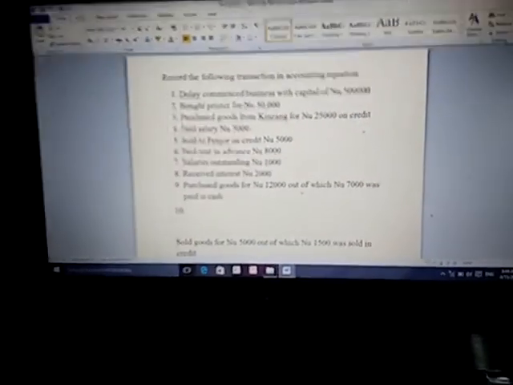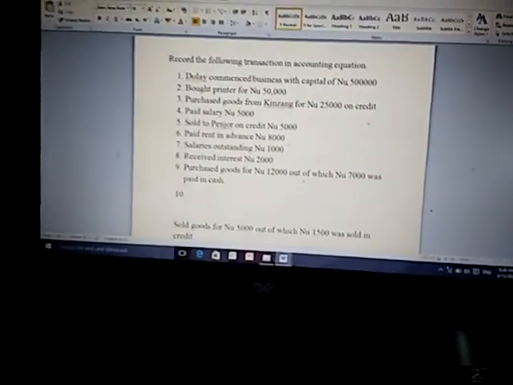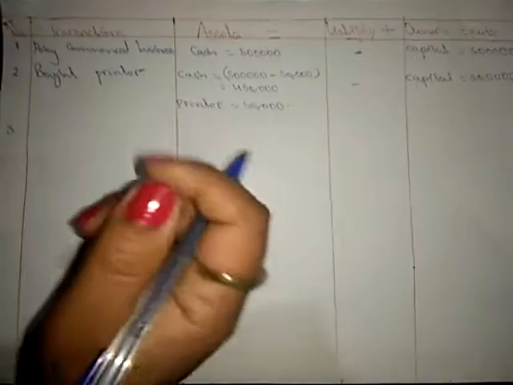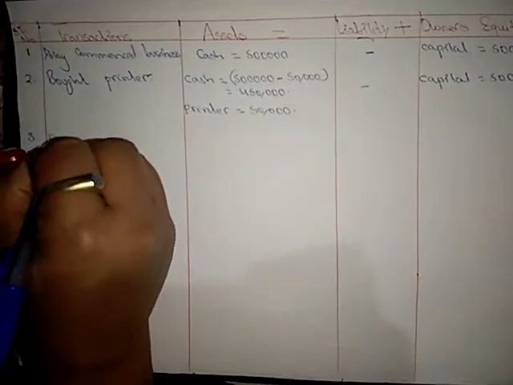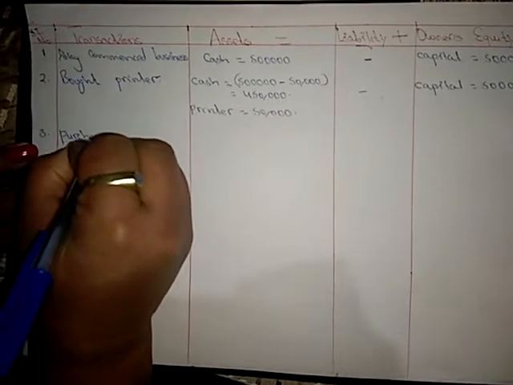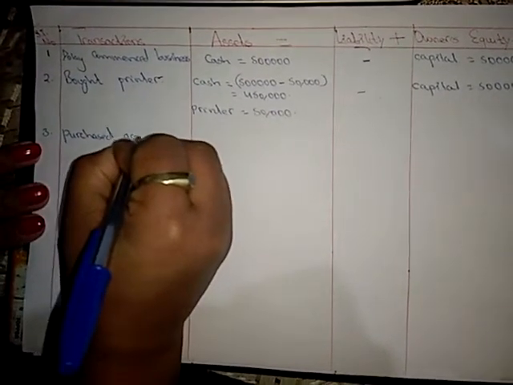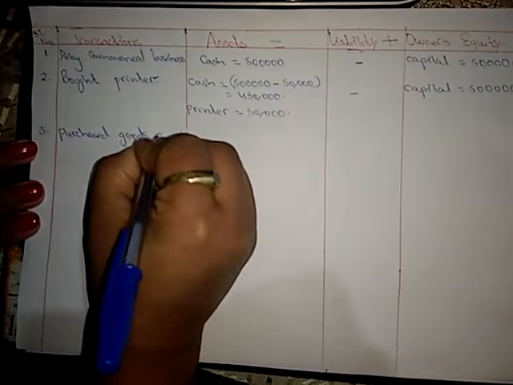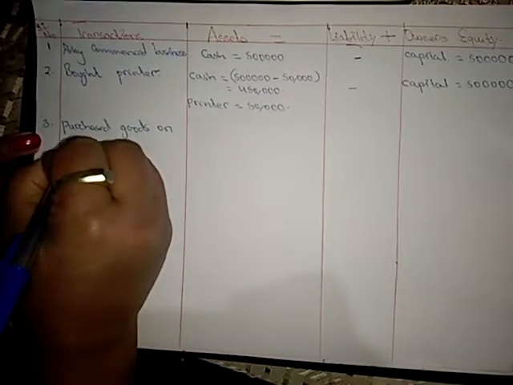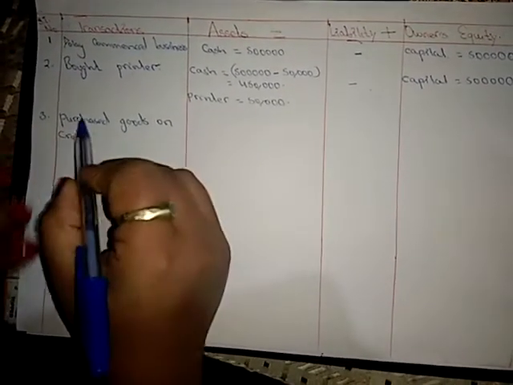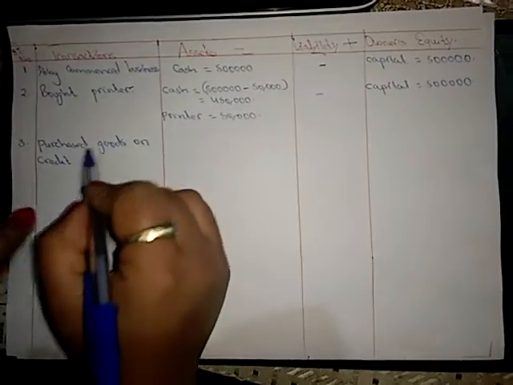So what you can do is, transaction number 3, it says purchased goods on credit. See, you are purchasing goods on credit.